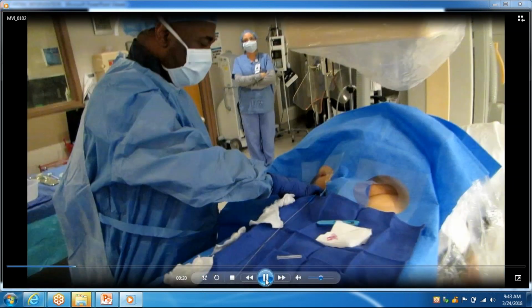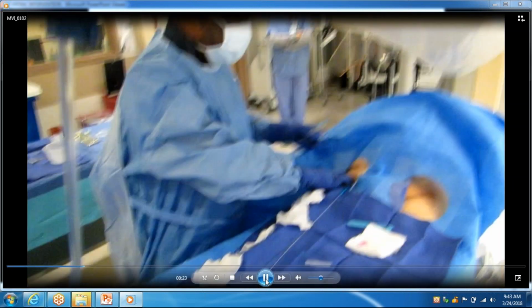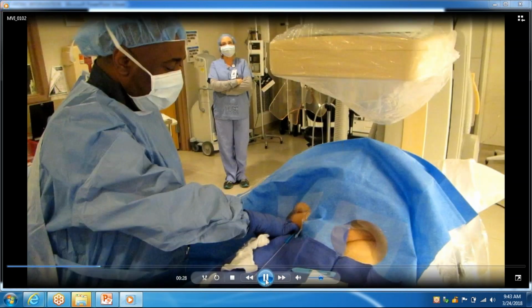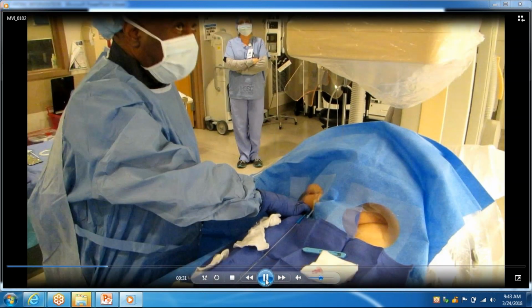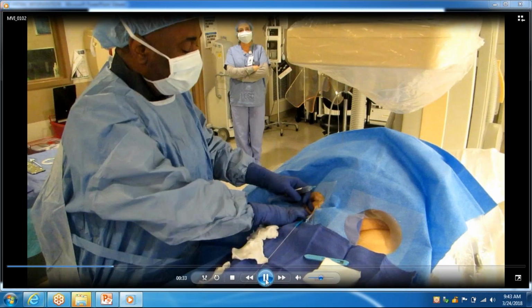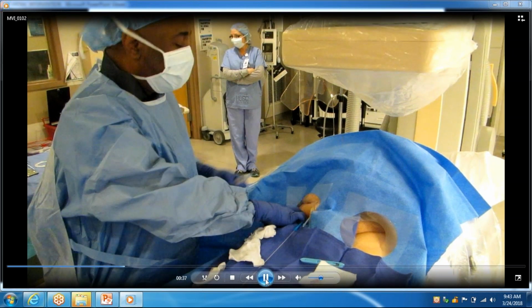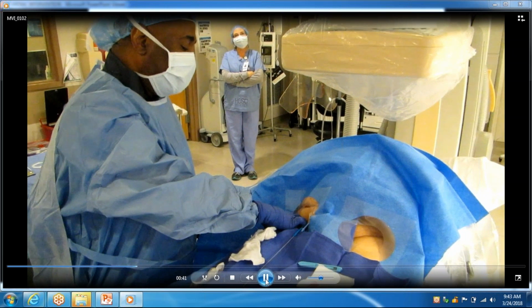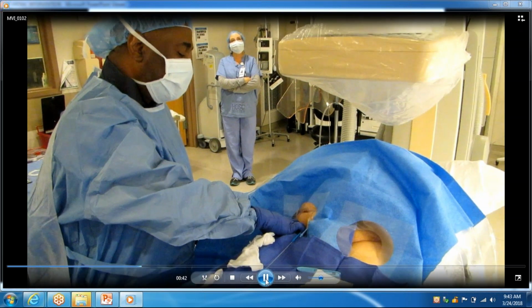This is a femoral approach. So you have to feel for the artery. Remember, when the artery is pulsating, you can feel for it, and you'll know you can locate it.